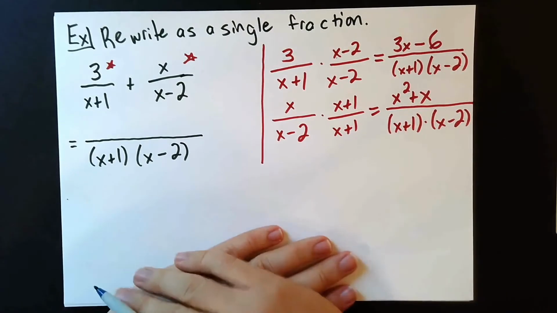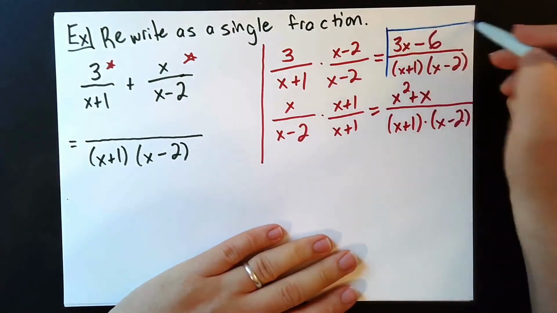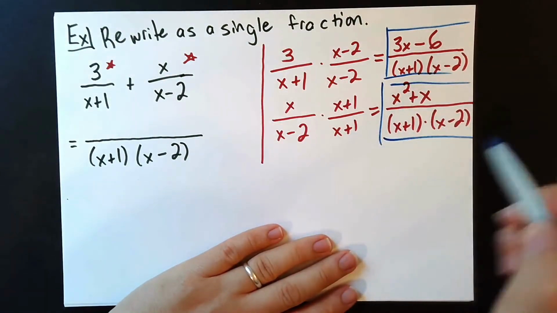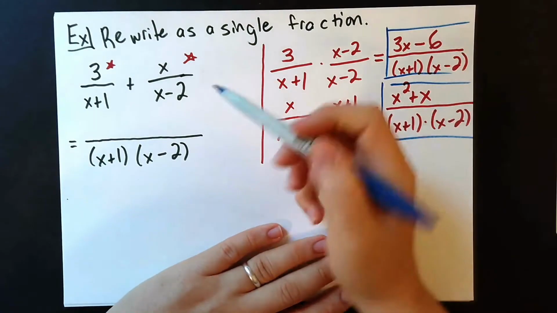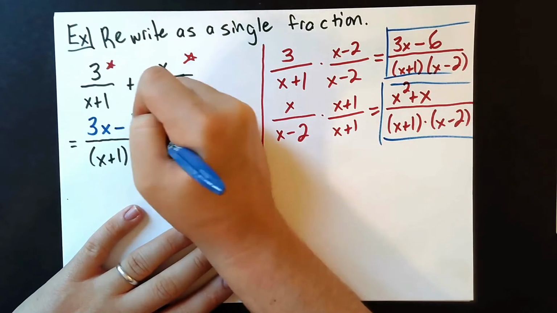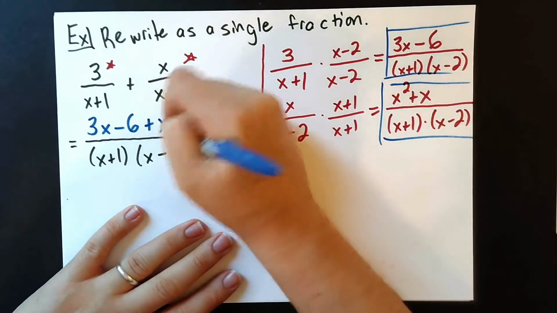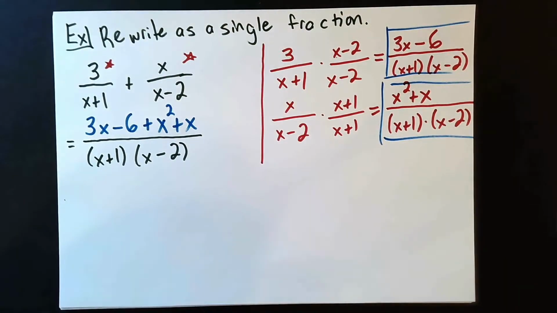And so the point of all of this is that I can rewrite this fraction as this fraction, and this fraction as this fraction. And so when I add these two, if I think of them this way, then what I actually get here is that I'm adding a 3x minus 6 plus an x squared plus x here in the numerator.